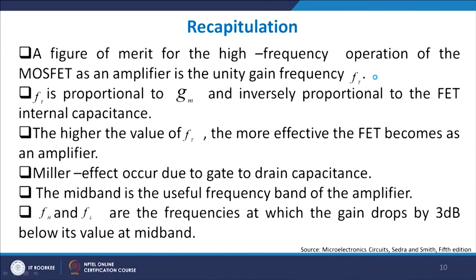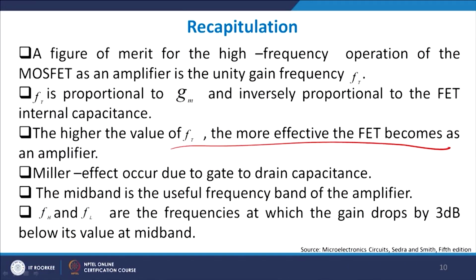Ft, or the transit frequency, is proportional to Gm and inversely proportional to the FET internal capacitances, which means that the higher the value of Gm, the more the bandwidth and the more your Ft. But if your internal capacitance is also high, then there will be a reduction in your Ft as well as Gm. The higher the value of Ft, the more effective the FET becomes as an amplifier, right.